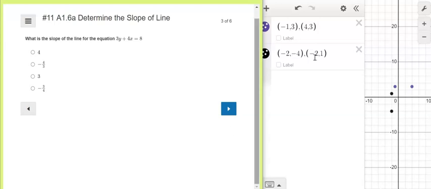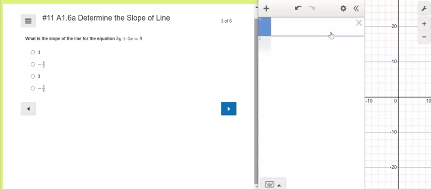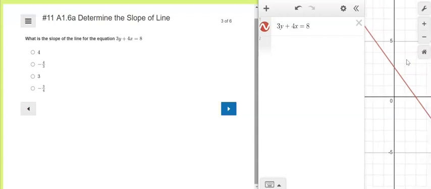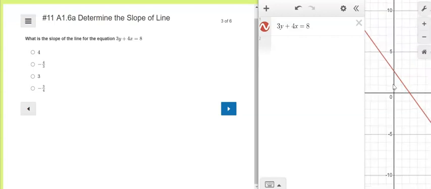What is the slope of the line? Alright guys, to find the slope of the line, we're going to use Desmos. We're going to graph it, and then count the rise over run. Remember, the slope is the way the line is tilting. This one is definitely negative, it's going down, so it's between the second one and the last one.